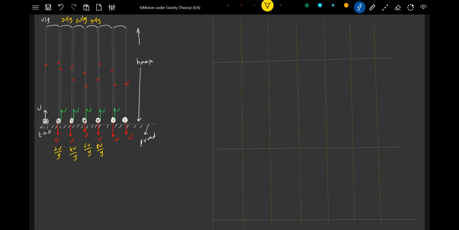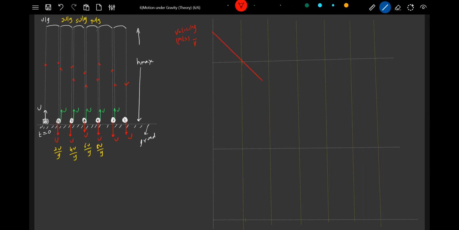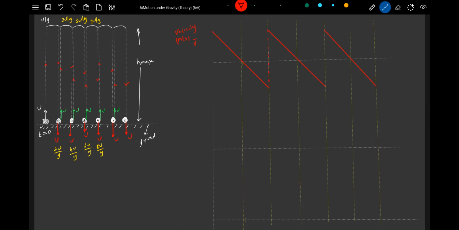First, the velocity versus time graph. This is velocity v and this is time. I projected with a velocity u. First it undergoes retardation, so the curve will be like this.